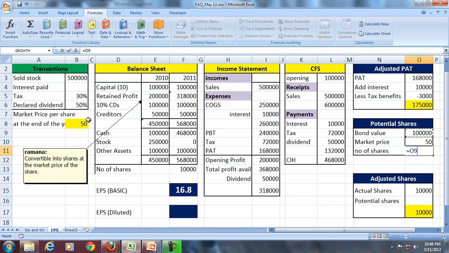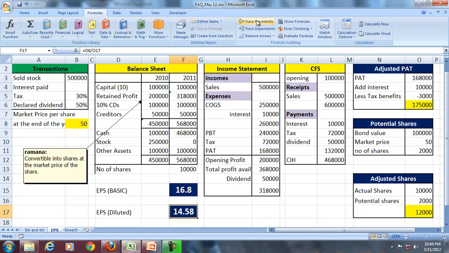So potential shares is the bond value divided by the market price. So adjusted number of shares is 12,000, the total number of actual shares plus potential shares. So the diluted EPS is equal to adjusted PAT divided by adjusted number of shares.